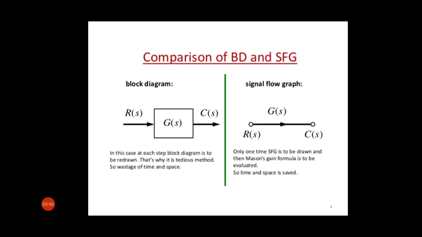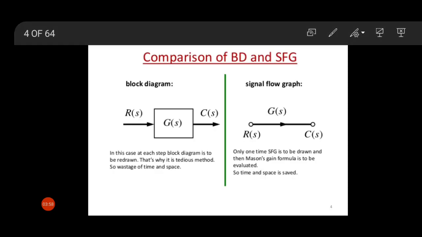This is our block diagram representation, and this is our signal flow representation for the same system. Here R(s) is our input signal and C(s) is our output signal.